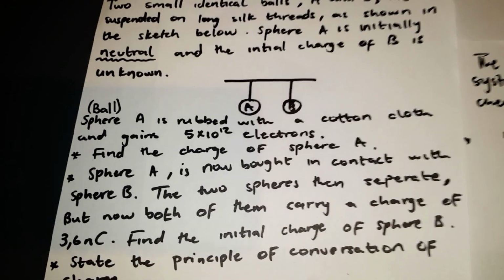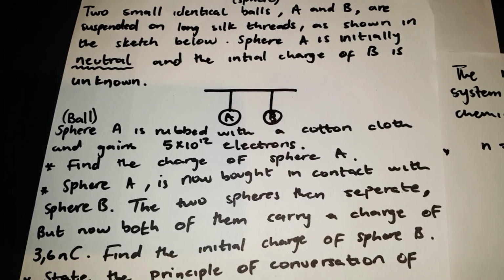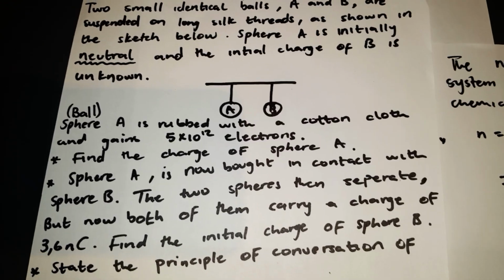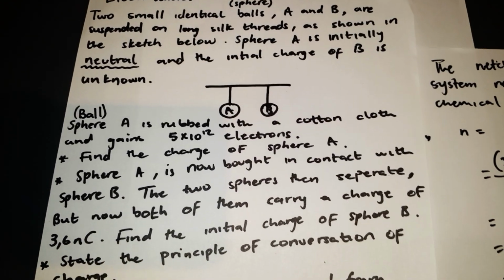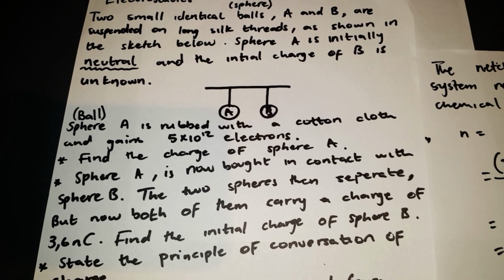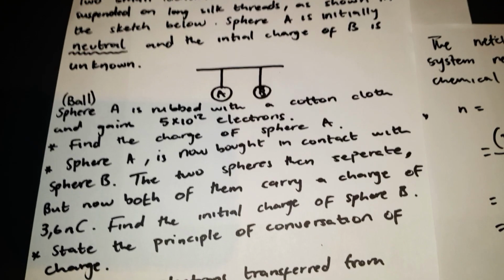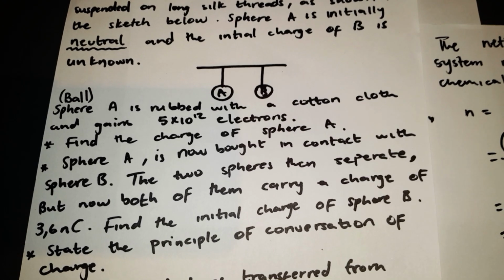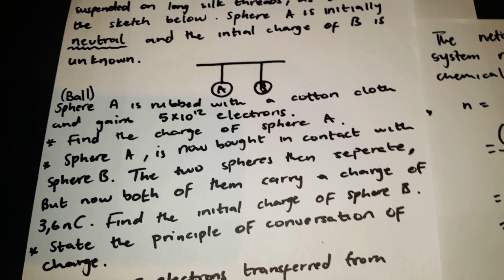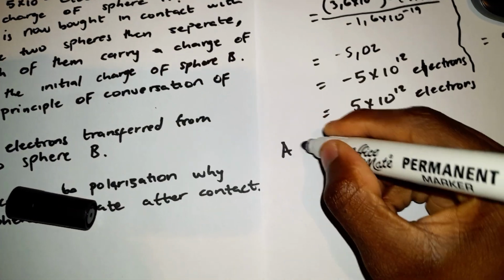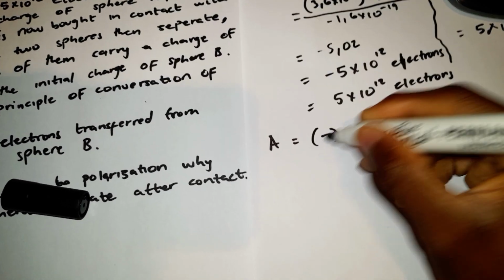The number of protons and electrons were the same, so it was just neutral. Then they took a cotton cloth and rubbed the sphere with it, and it gained 5 times 10 to the positive 12 electrons, which means it became negatively charged. So now sphere A is negatively charged.